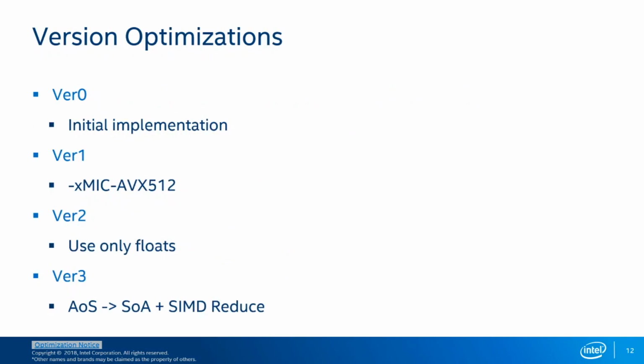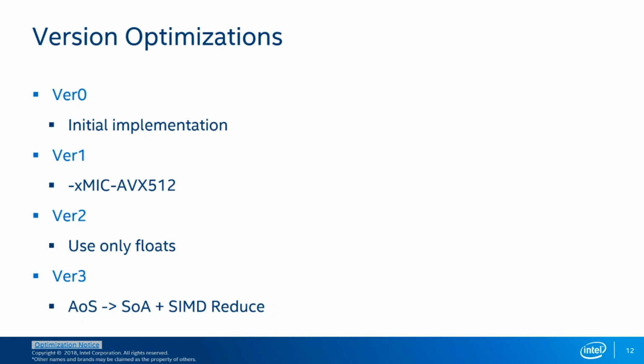The Nbody demonstration code has 8 or 9 different versions of the code, and each version is an optimization upon the previous version. So in this presentation, I'll mention, I think, primarily up to version 3. Version 0 is the initial implementation.